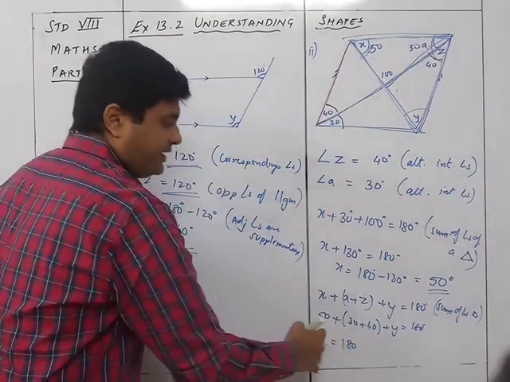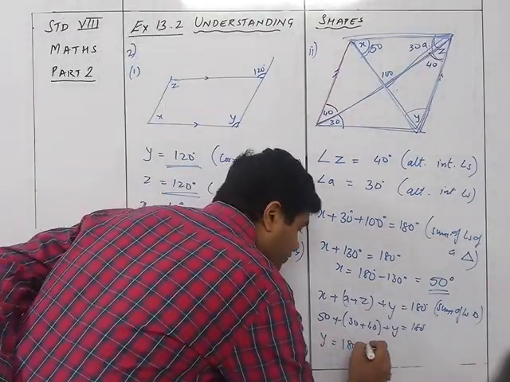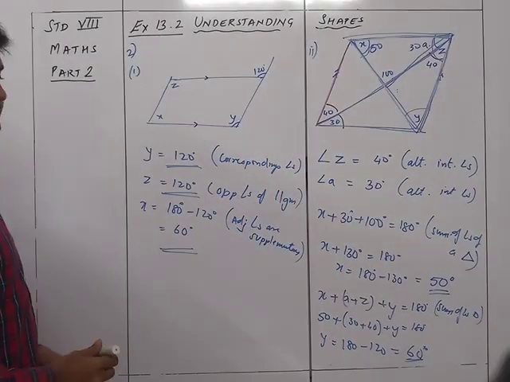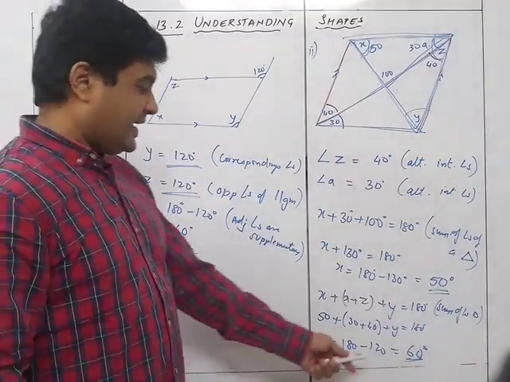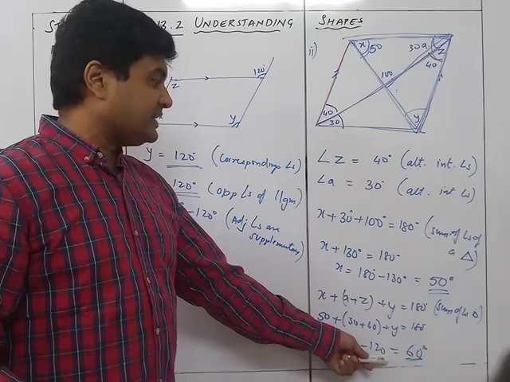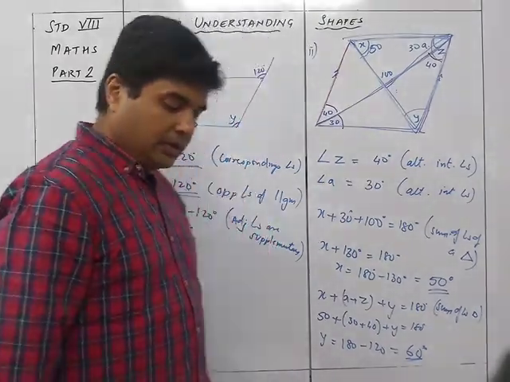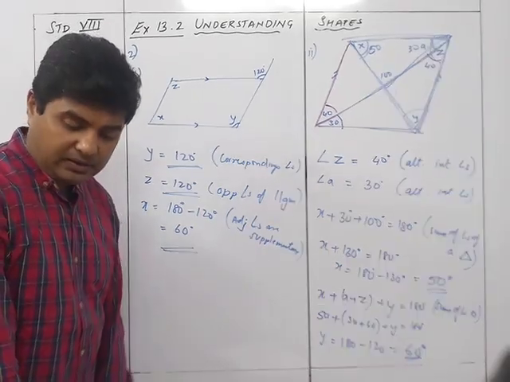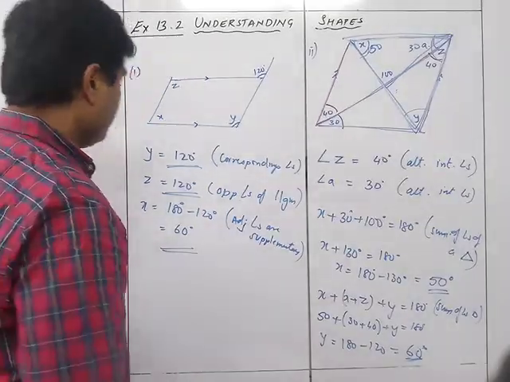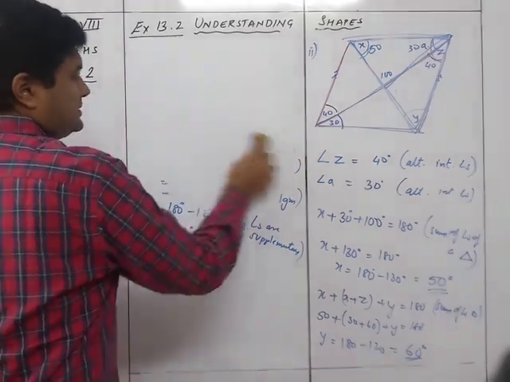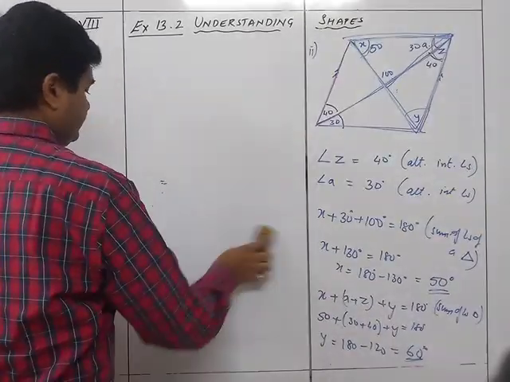This is 70 plus 50 is 120. So, 180 minus 120 is equal to 60 degrees. So, that will be y. So, x 50, y 60, z 40. That was sum number second ka second. Now move on to sum number second ka third.